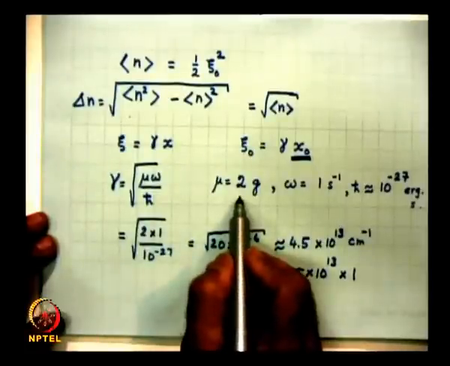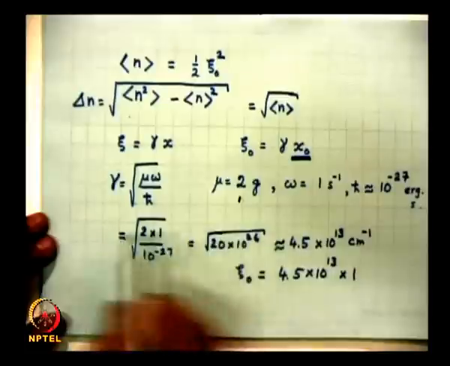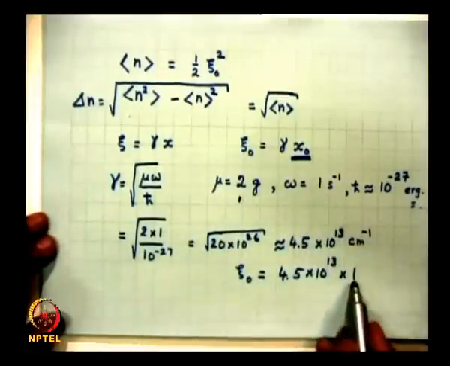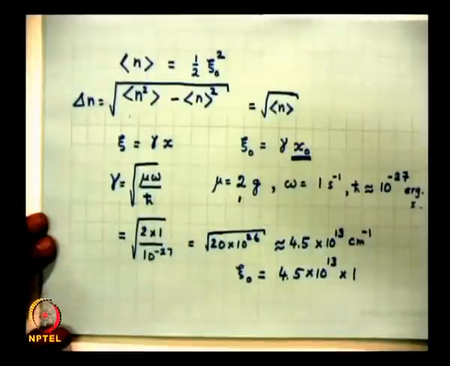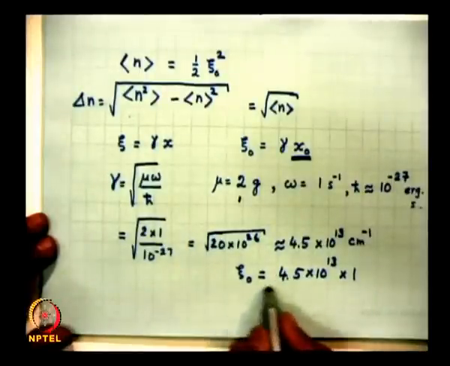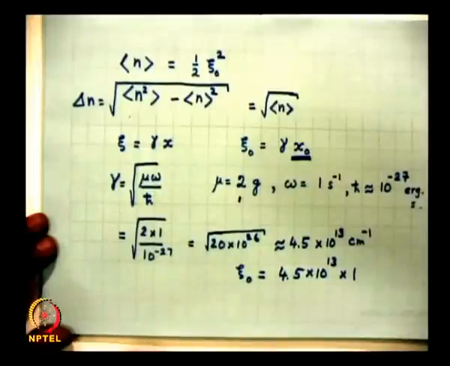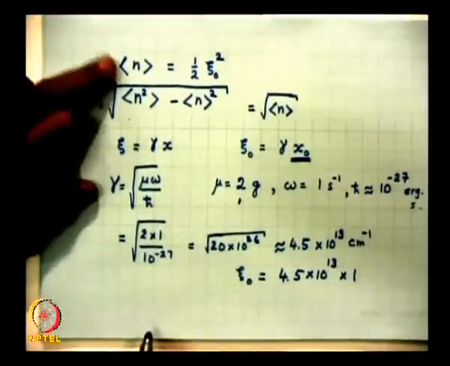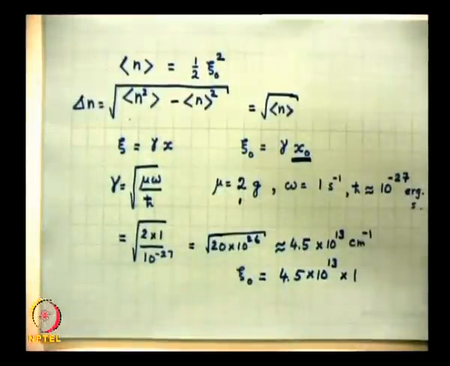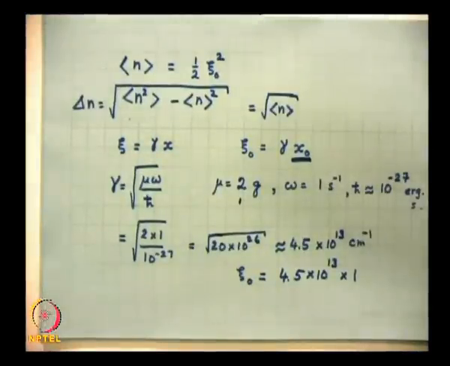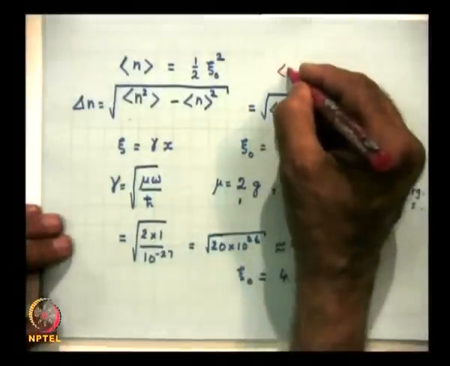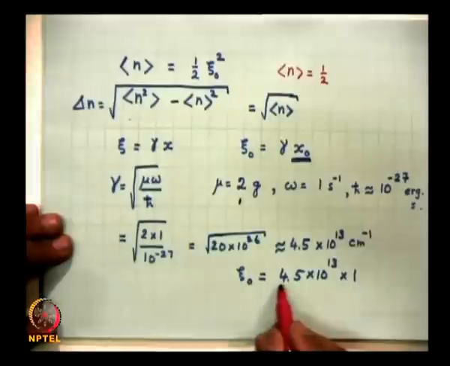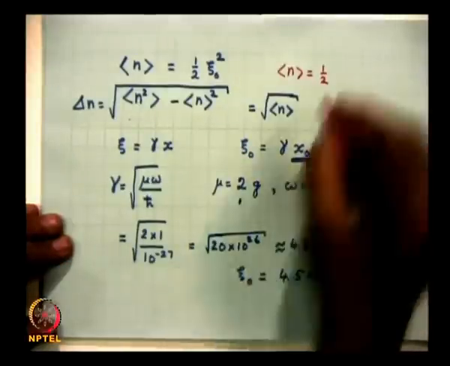So, I have a particle of mass 2 grams having a time period of the order of 1 second and the amplitude is 1 centimeter. So, the value of xi naught is very large. Therefore, the expectation value of n, please see this, the average value of n will be half xi naught square, 4.5 square was actually 20.